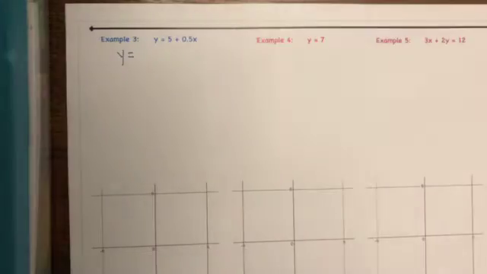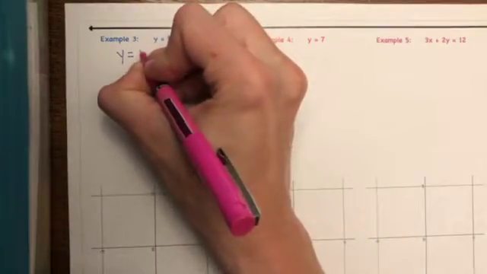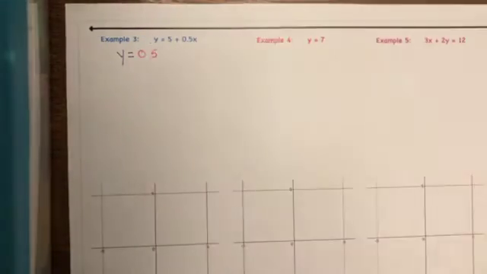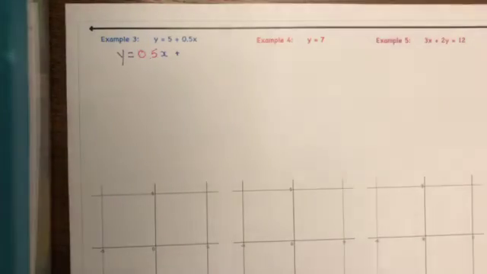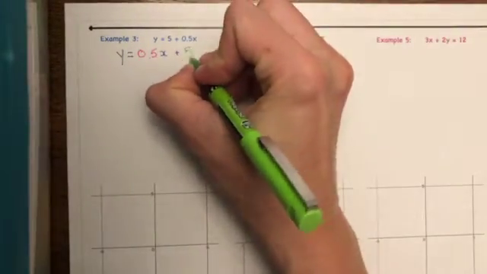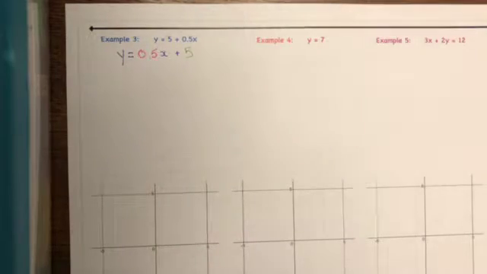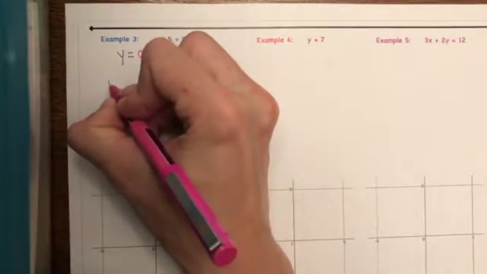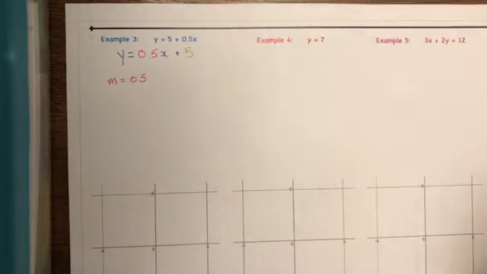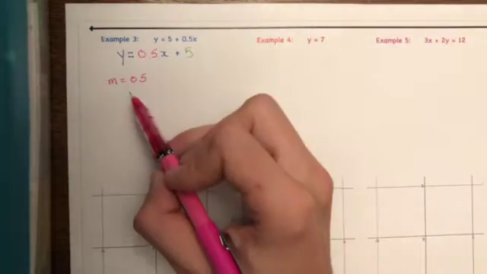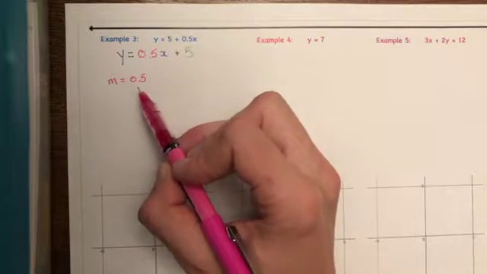And I'm going to use colors to help identify those pieces. So y equals 0.5 times x plus my b is positive 5. This gives me a slope of 0.5.